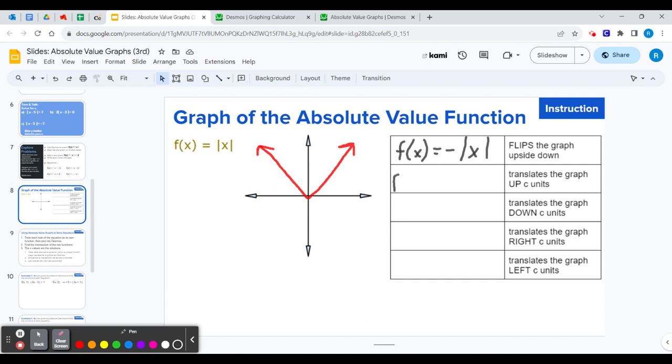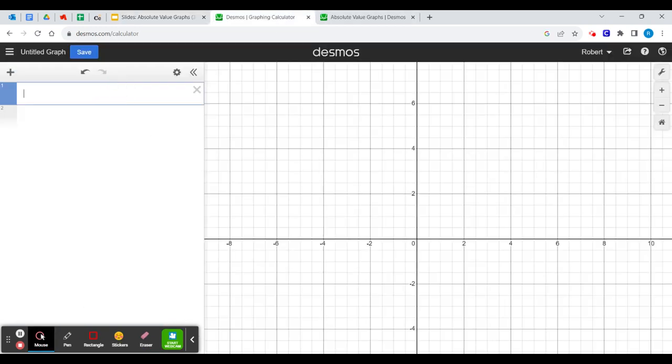If we took f of x and added c outside of our absolute value, it would shift that graph up c units. So in our case of the Desmos, when we did that, it was f of x equals the absolute value of x plus 3. It shifted the graph up 3.